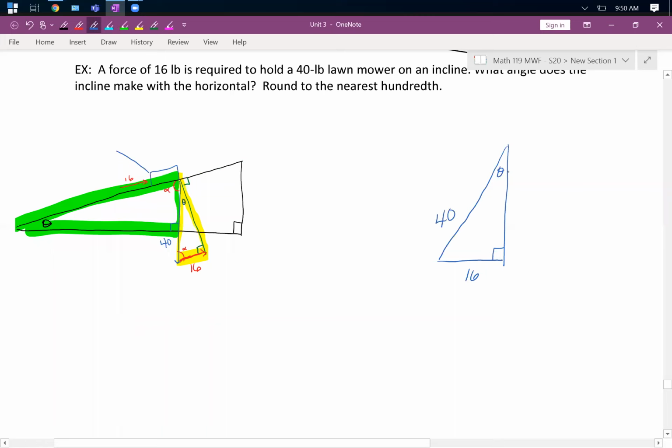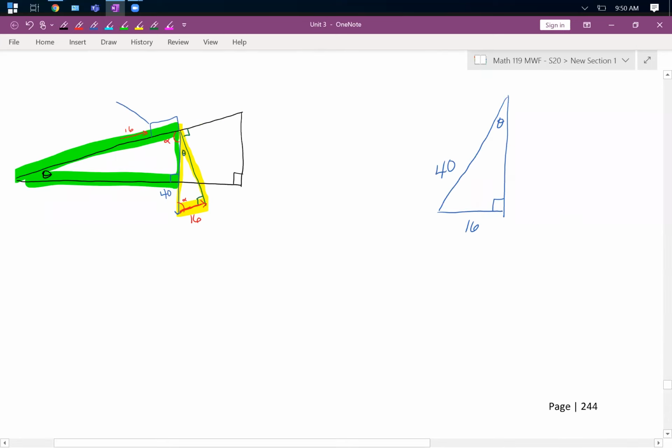This angle theta at the top is equal to the angle of inclination, and that's what we're trying to find. So from our theta, that is the opposite side and the hypotenuse. So that's going to be sine again. Sine of theta is 16 over 40, making theta sine inverse of 16 over 40.